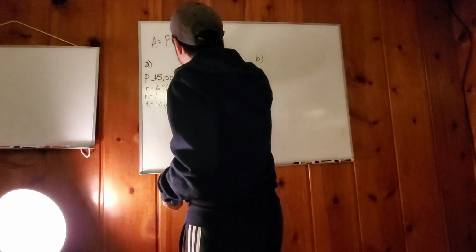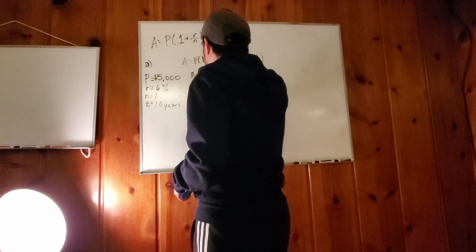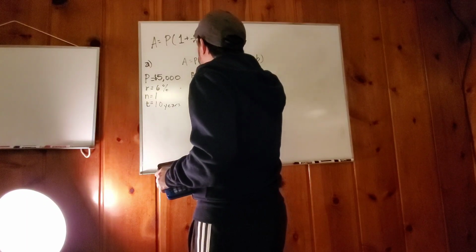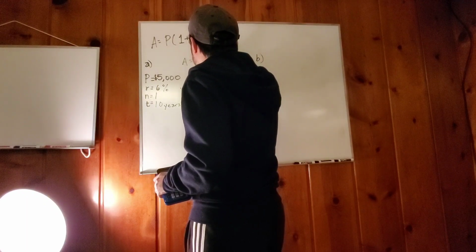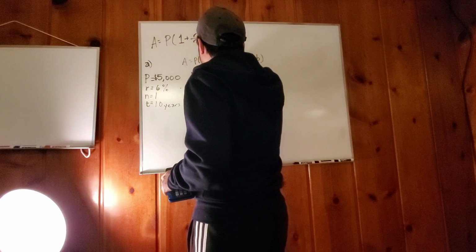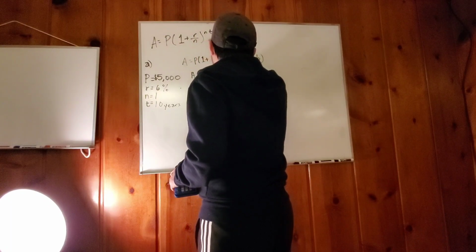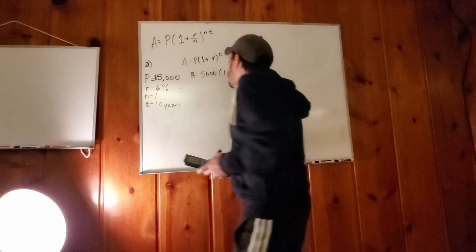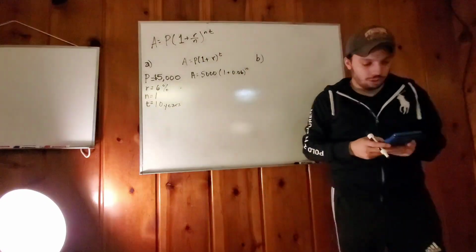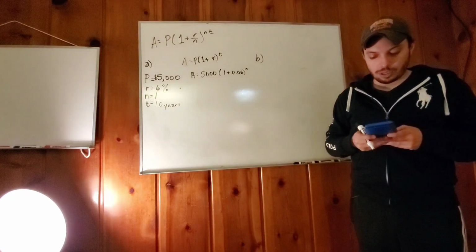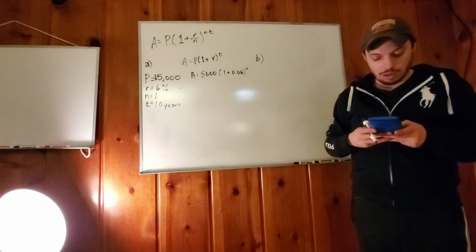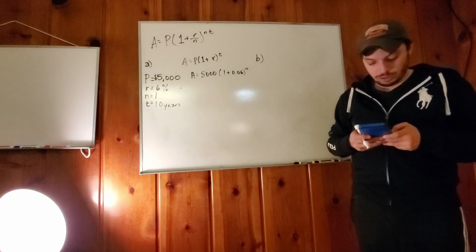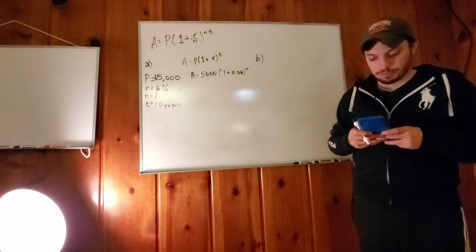So the amount, the total amount you would owe, would be the principal, which is $5,000, times 1 plus the rate, which is 0.06, to the 10th power. We're going to write that into our calculator: 5,000 times 1.06 raised to the 10th power.